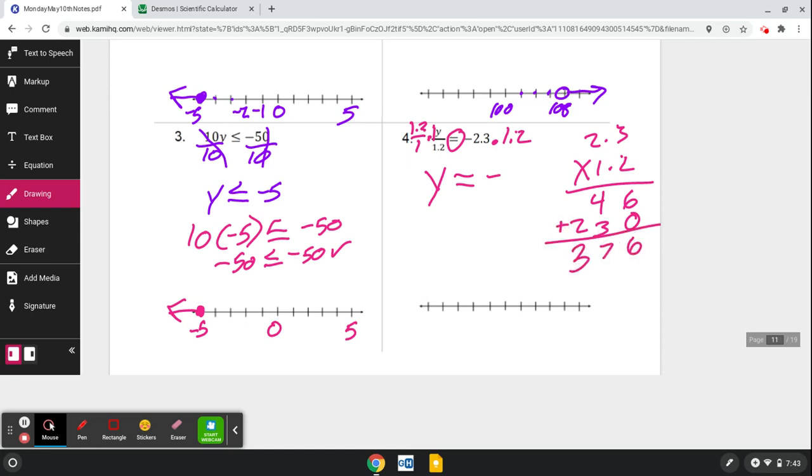Ooh, why did I put a 3? So 1, 2, my dot goes right there. Okay, so we can have, there's my 2, there's my 3, 1, 2, 3, 4, 5, 6, there's 7. So right in here, just put a dot. That's where your answer goes.